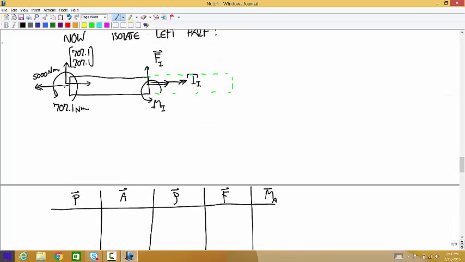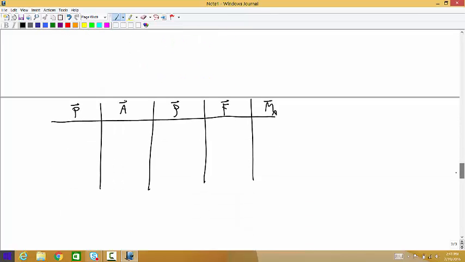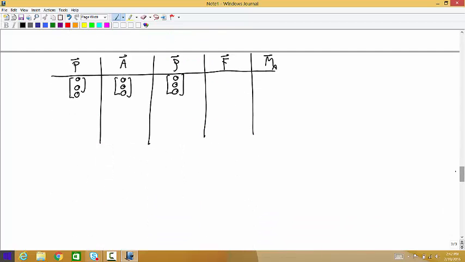Okay, so we'll call this the origin and the about point again. So at the origin, the r vector is 0. The force vector is 707.1, 707.1, 0, and there's no moment.